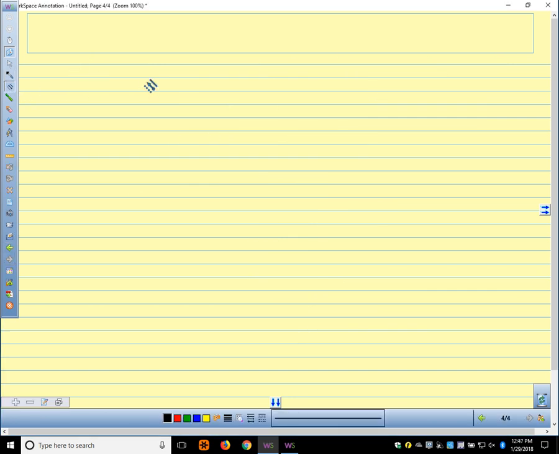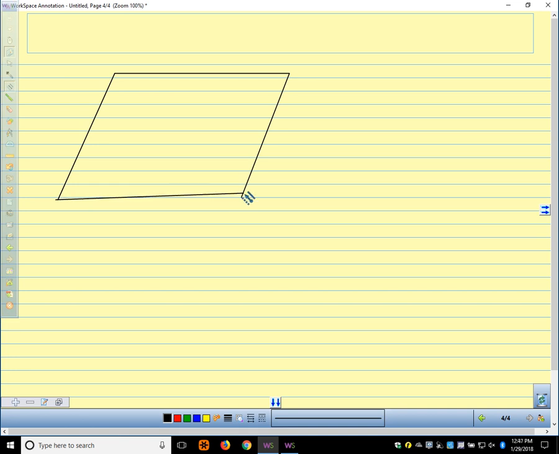What if we had a parallelogram, and we're given the coordinates of the vertices? How are the area of a parallelogram and the area of a triangle related?